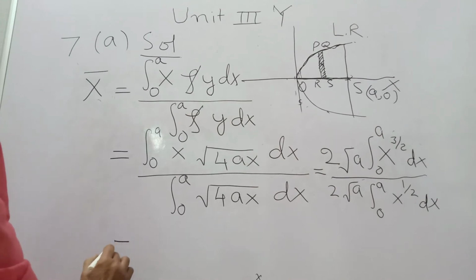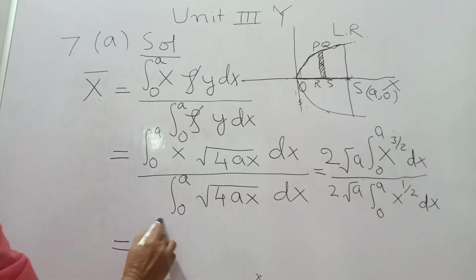Now when you solve it, what you will get? 3a by 5.